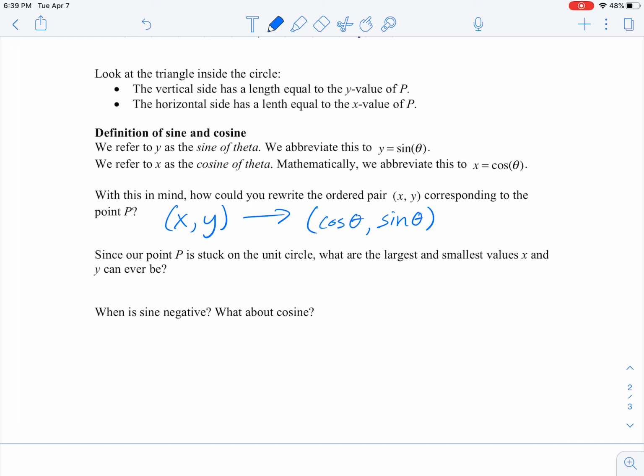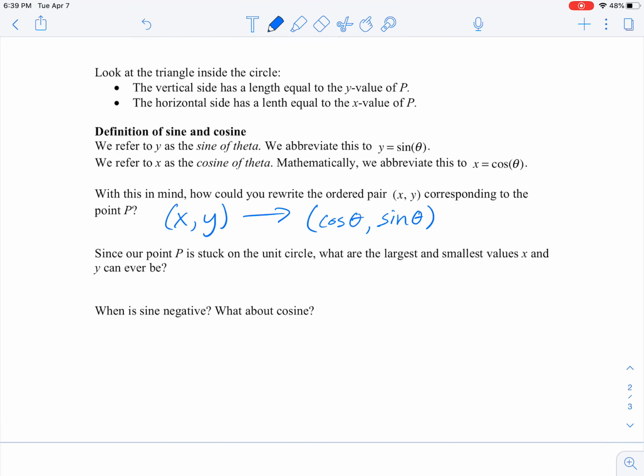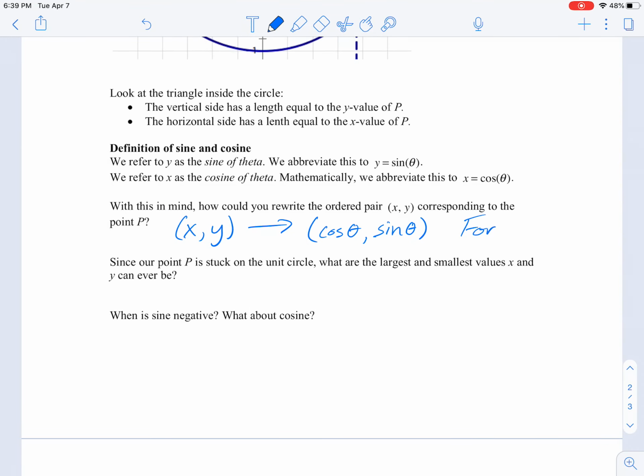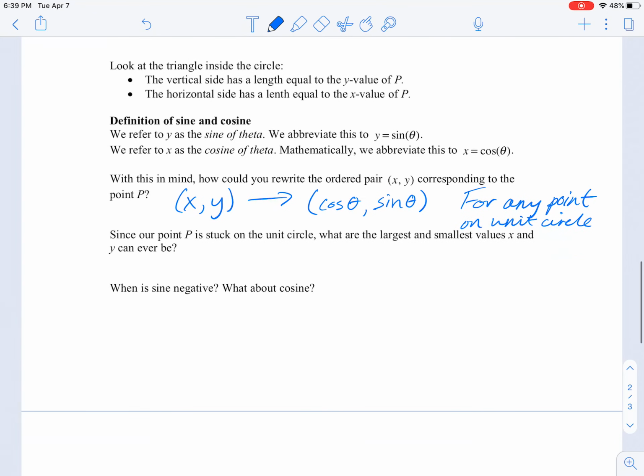So the implication is that for any point on the unit circle, its x-coordinate is the cosine of the angle, and the y-coordinate is the sine of the angle.